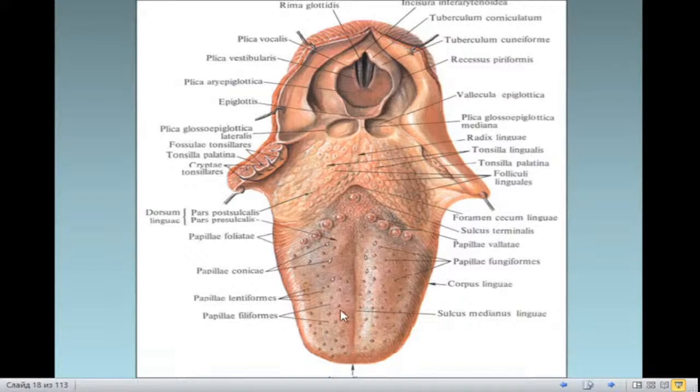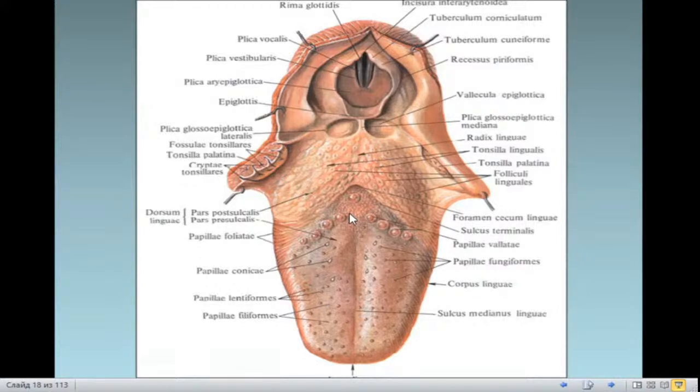Also it has the apex or the tip and the root, radix linguae. Inside the tongue are muscles, 4 extrinsic and 4 intrinsic.